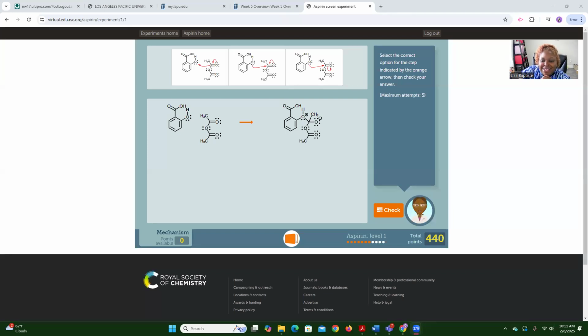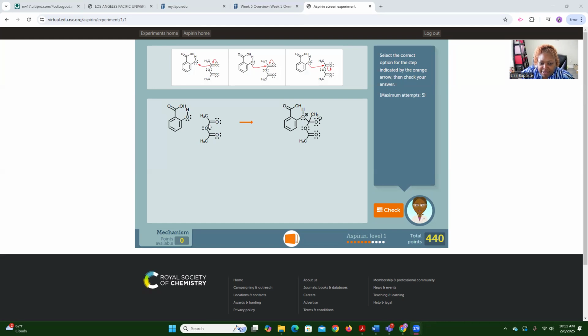Hello, class. So I got to another part that I think you may not know based on what you're taught in the class. For this reaction, we have these two reactants and we form this product. What happens here is that this carbon attaches to the oxygen.